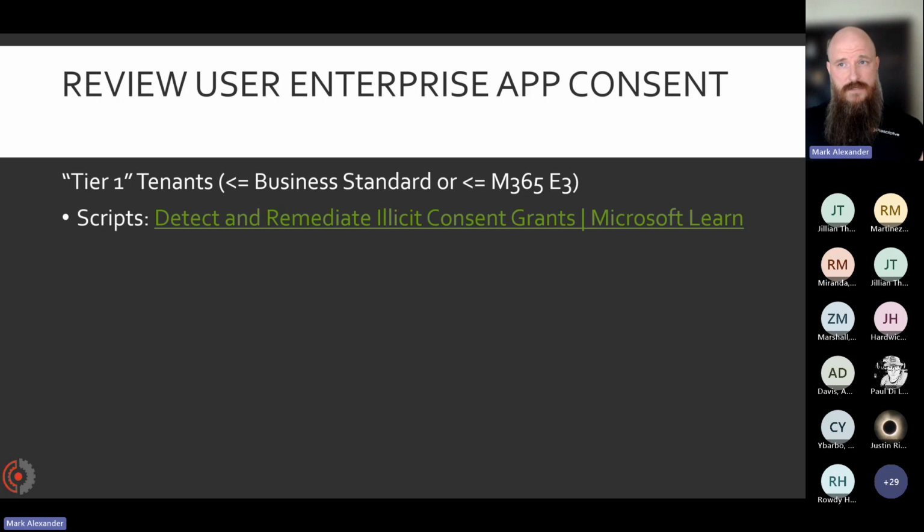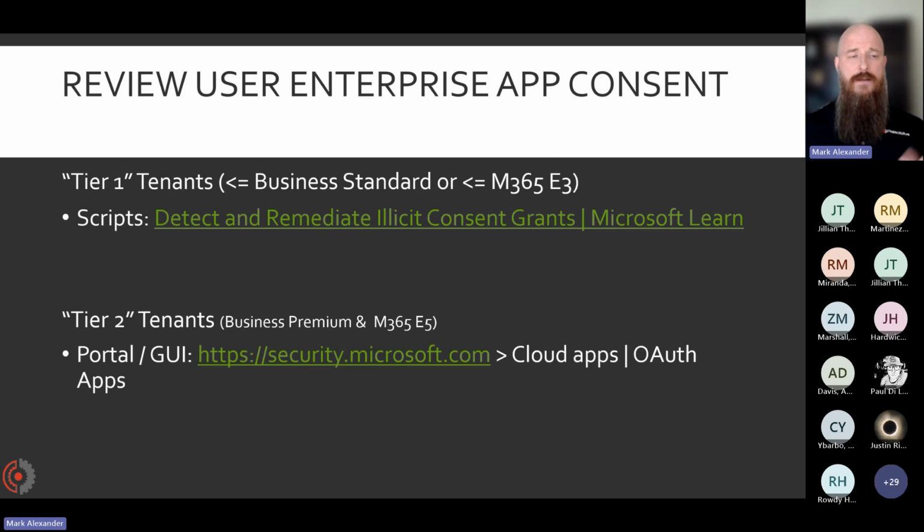There are some scripts, and for those that may be joining a little late here, we will be providing a copy of this presentation, so these links that I provide will be hot. You'll be able to find the details there. This is an actual Microsoft-sourced article that spells out a GitHub location that will give you basically an Excel file export.